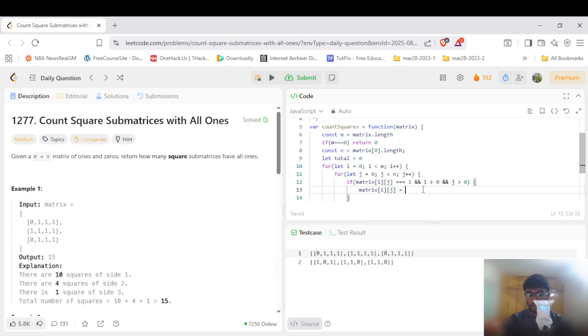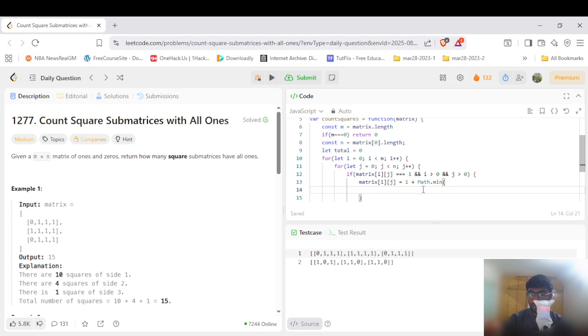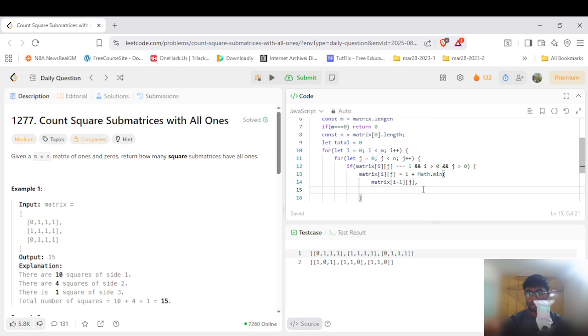So we are going to change the value if it is either 1 cross 1 or 2 cross 2. Firstly we are going to check the previous row, and we are going to check the left value if it is also 1, and we are going to check the top left value, which is the diagonal.